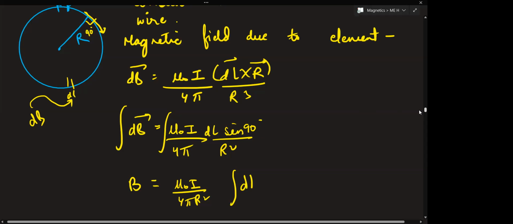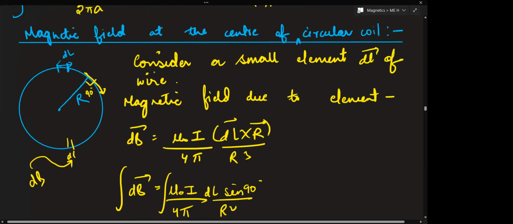Now think about this, and all of you should reply in the chat box. If all these small elements are dl, and I keep on integrating them, what will it be equal to?